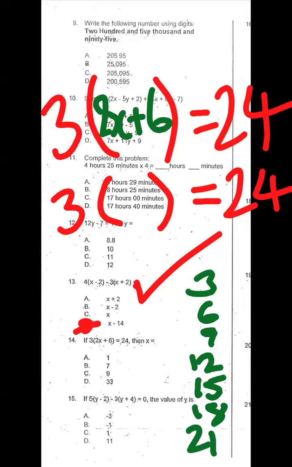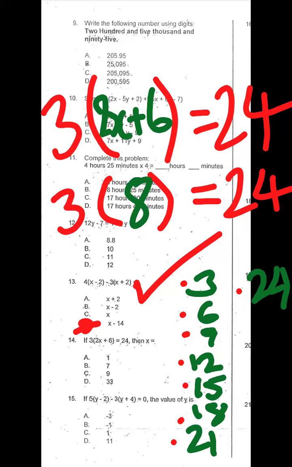I mean, 3, 6, 9, 12, 15, 18, 21, then 24, and then we can count. 1, 2, 3, 4, 5, 6, 7, 8. Therefore, our answer for that is 8.